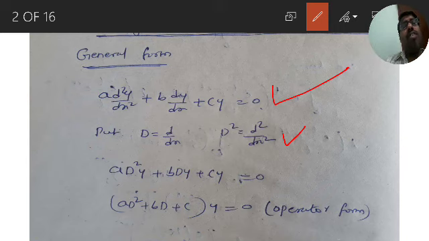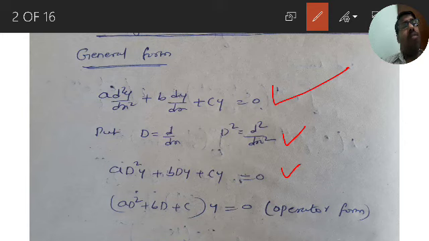A into D square y plus b into Dy plus cy is equal to 0. You can take y common. A D square plus bD plus c of y is equal to 0. This is the operator form of the homogeneous second order linear differential equation with constant coefficients.